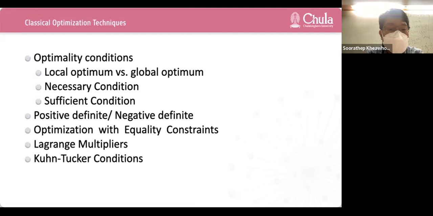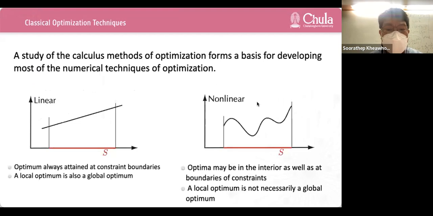The first one is a local optimum, right? And global optimum. Also, the condition, we call it necessary condition and sufficient conditions. And the other things is positive definite and negative definite, right? So let us move through the way.